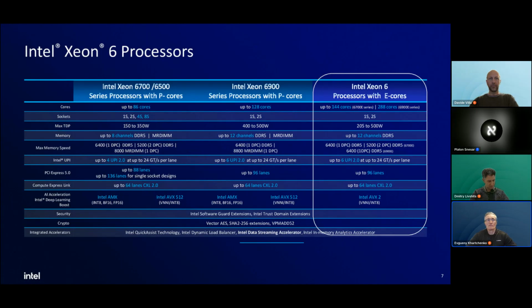I'd like to mention here that both of those platforms or CPUs support a bunch of integrated accelerators: Intel QuickAssist for compression, encryption, decryption. Intel Dynamic Load Balancer for spreading network packets over cores in a consistent, atomic way, and so on. Intel Data Streaming Accelerator for copying and moving data from here to there. And also Intel In-Memory Analytics Accelerator, which has database-like functionality and also compression and decompression capabilities.